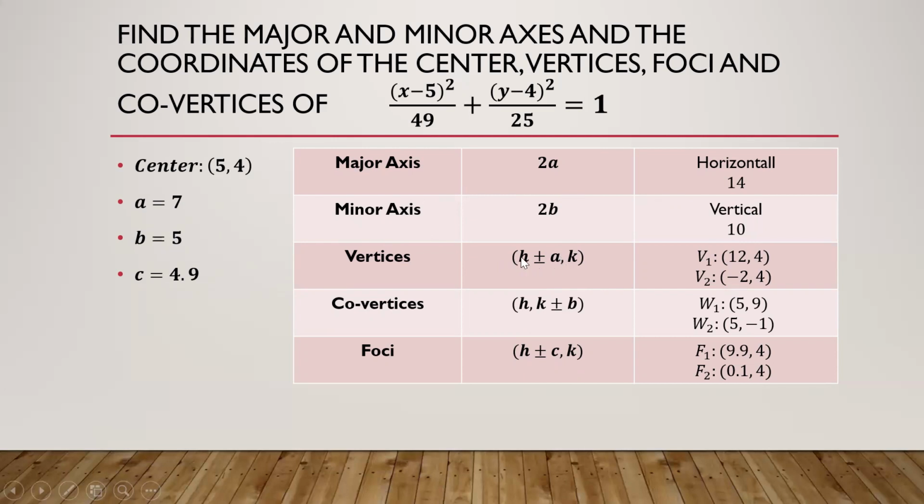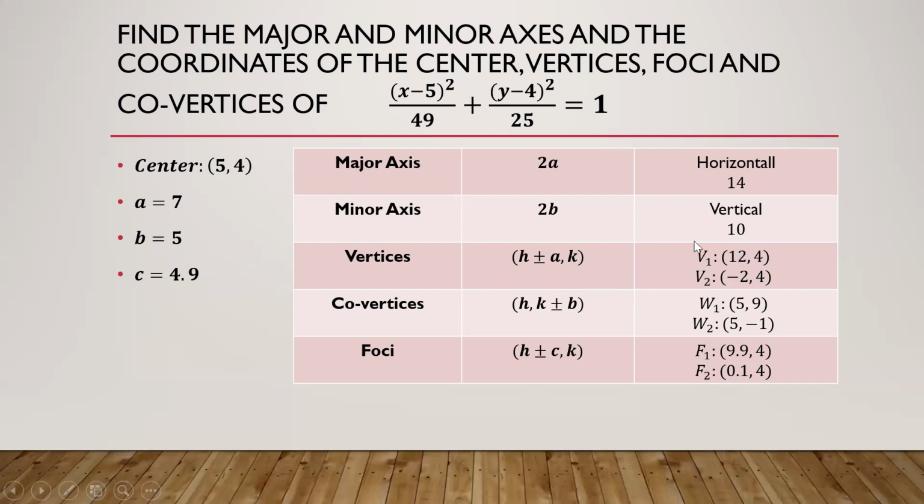For our vertices, we manipulate h using a. So that's h plus a comma k. H is 5 again, remember. H is 5 plus 7, because a is equal to 7. So 5 plus 7 gives us positive 12. And then we simply copy the k. Our k is 4.